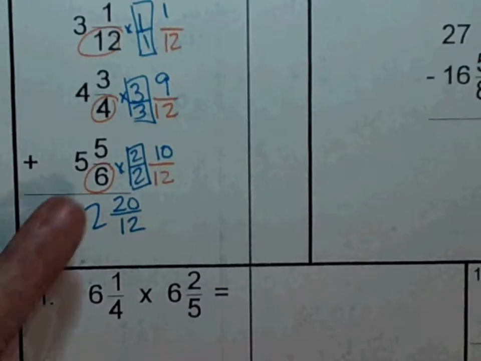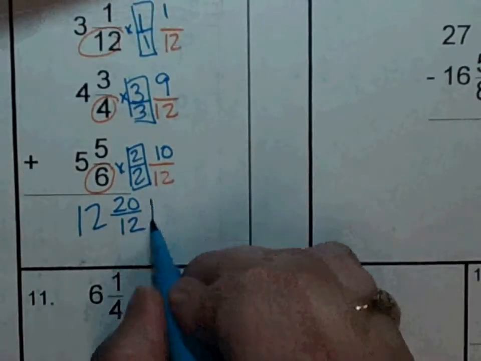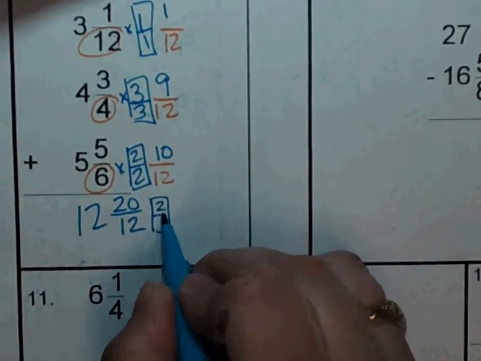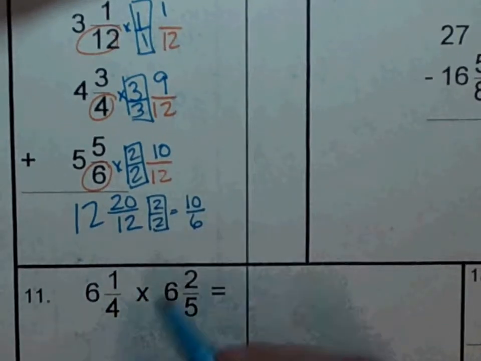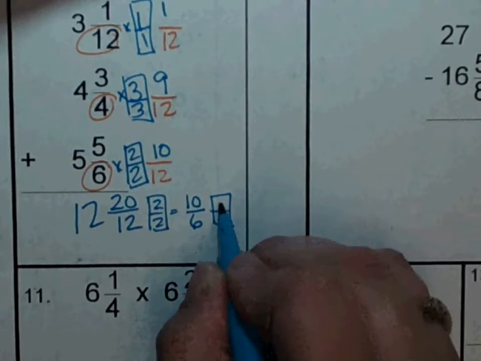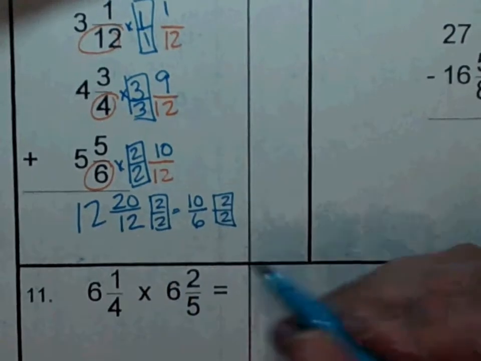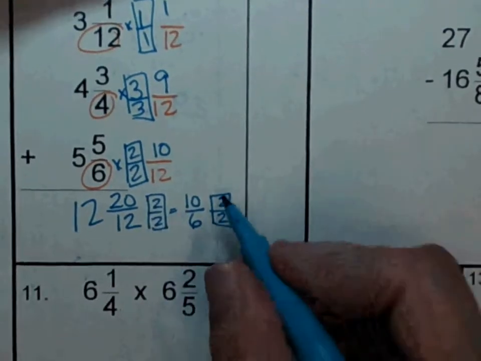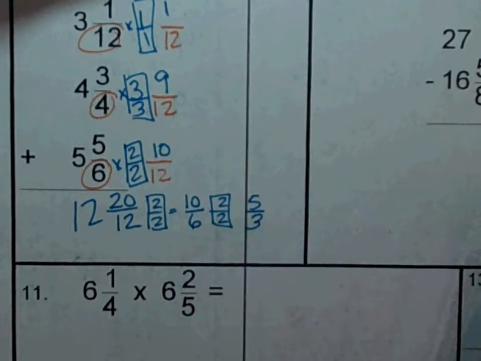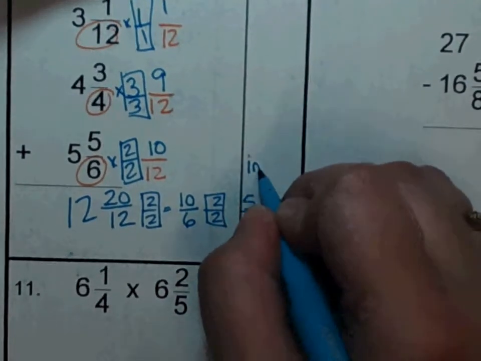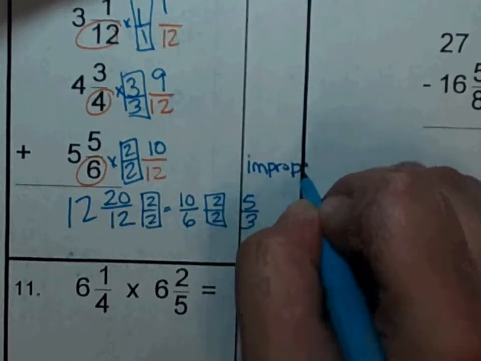So some of you might be saying, well, I can simplify. That is a great idea. I can divide by 2 and I get 10 over 6. And you might say, well, Miss Davis, you could have divided by 2 again. Well, yeah. Or I could have divided by 4 at the beginning, but 10 divided by 2 is 5. 6 divided by 2 is 3. Now this is improper.